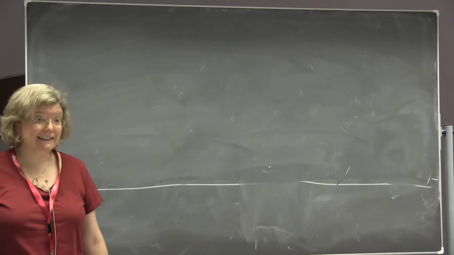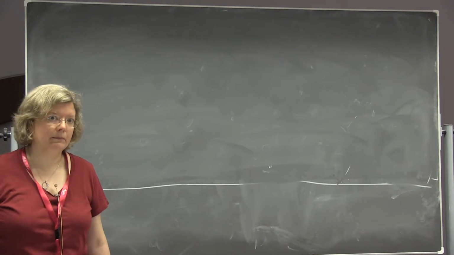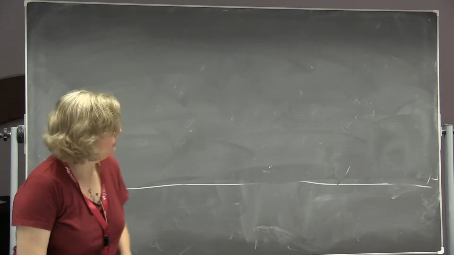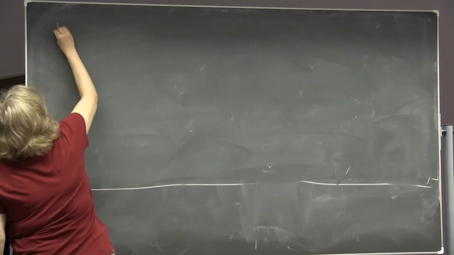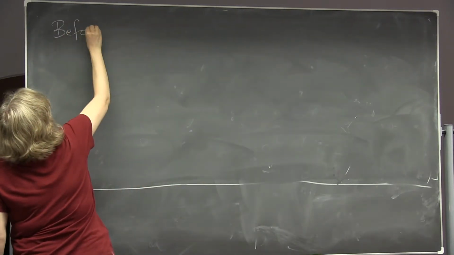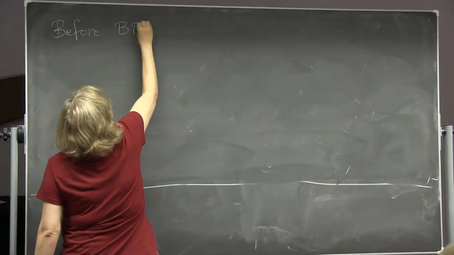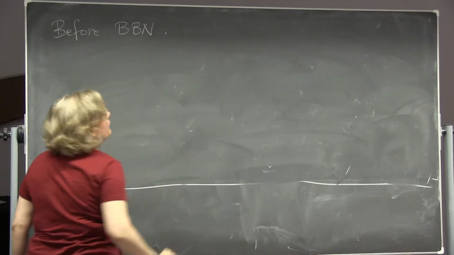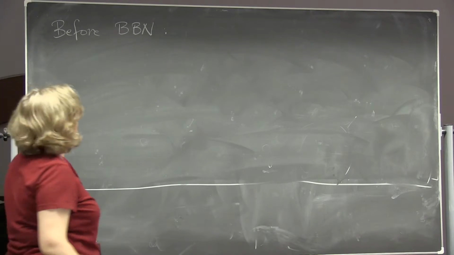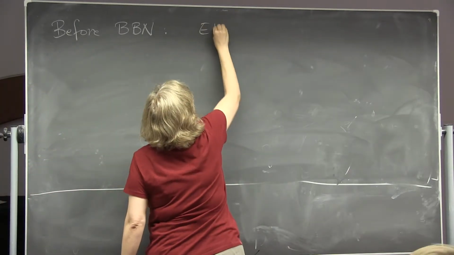And we know that at that time we were in thermal equilibrium, okay? So before BBN, we had that the electroweak interaction was in equilibrium.